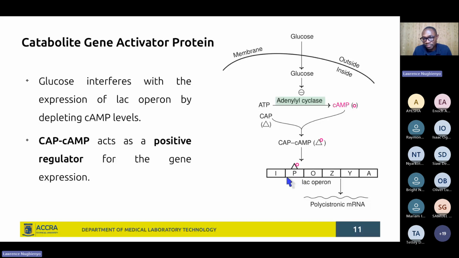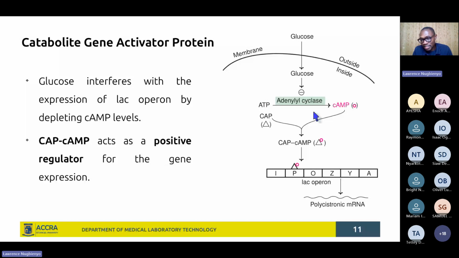to proceed. Now, in the presence of glucose, glucose comes to inhibit that enzyme, which is responsible for converting ATP to cyclic adenosine monophosphate.